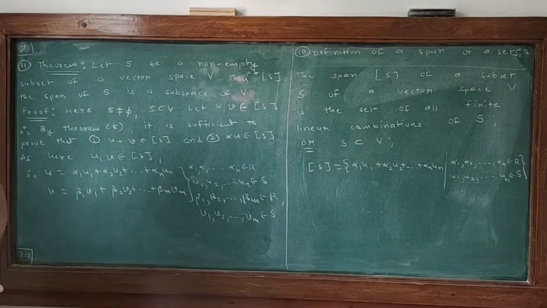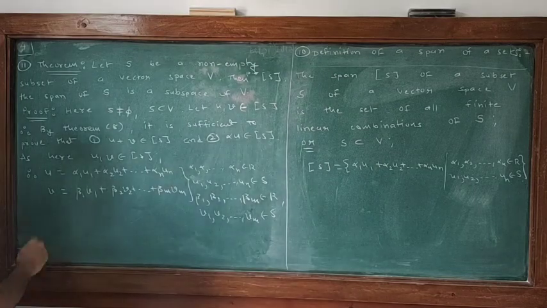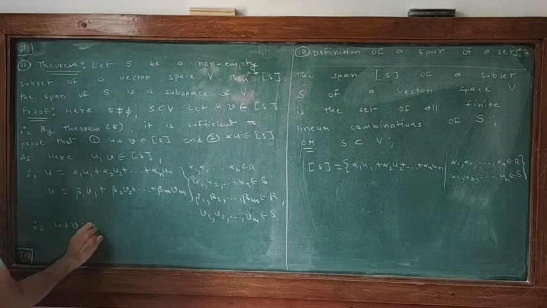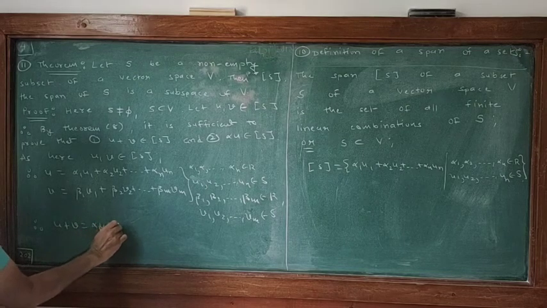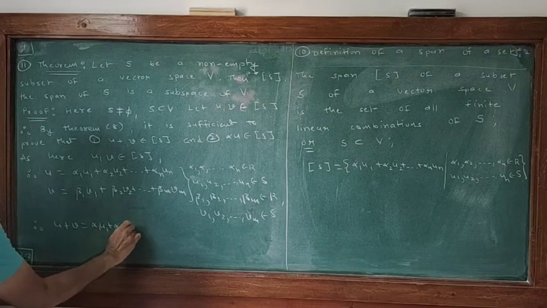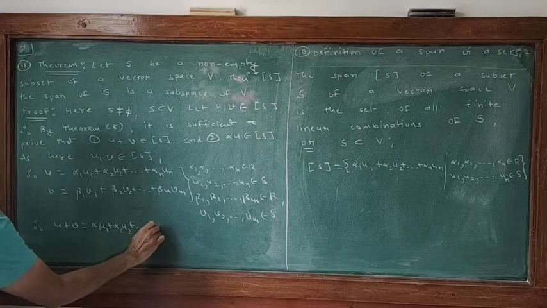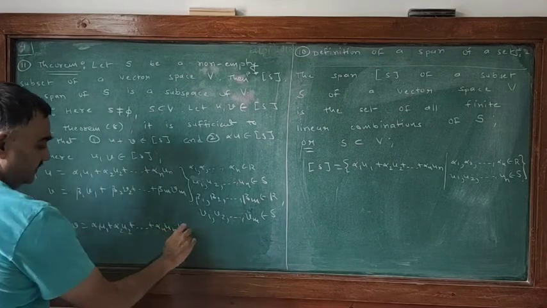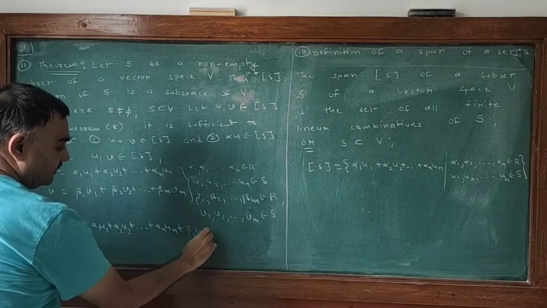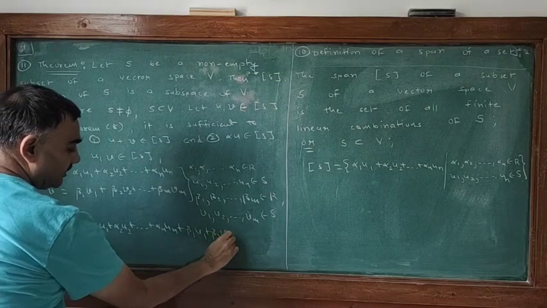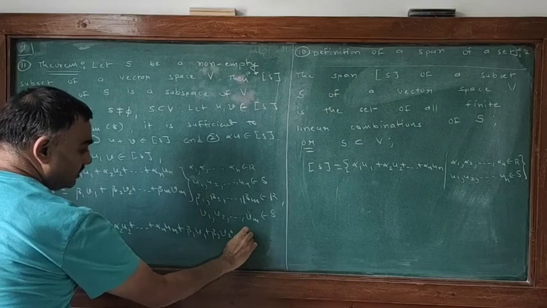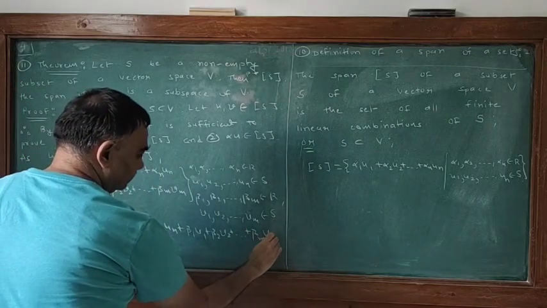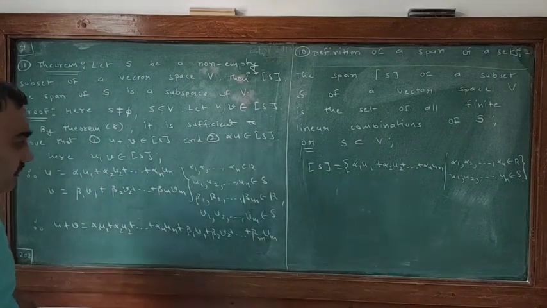Now what is u plus v? Therefore, u plus v is alpha 1 u1 plus alpha 2 u2 plus alpha n un plus beta 1 v1 plus beta 2 v2 plus beta n vn.